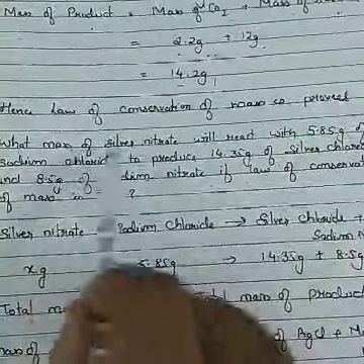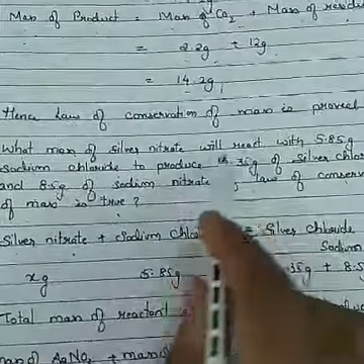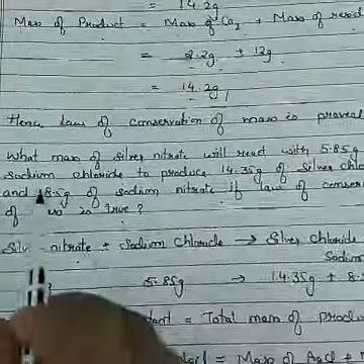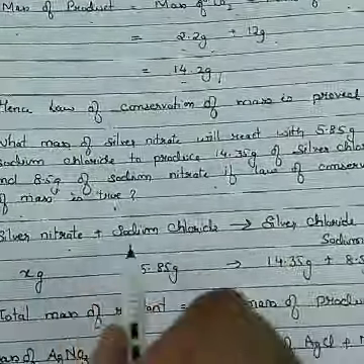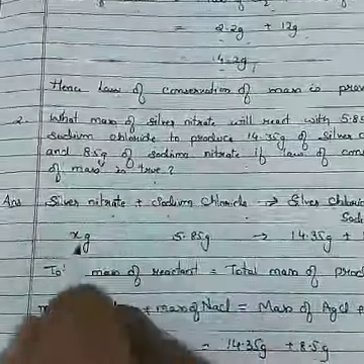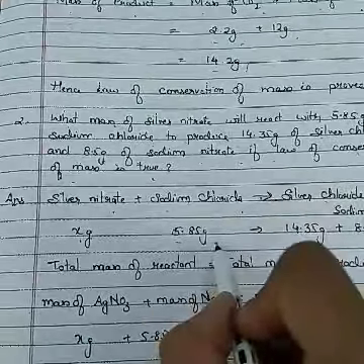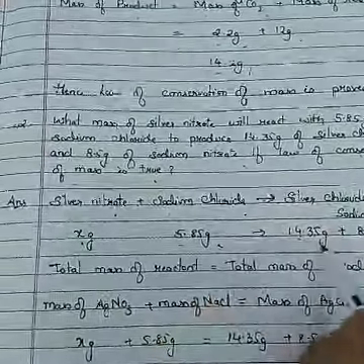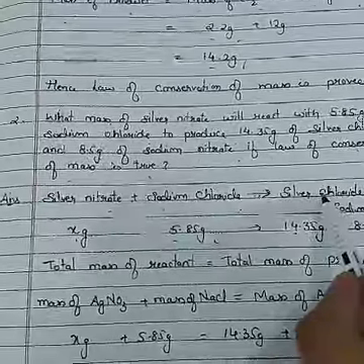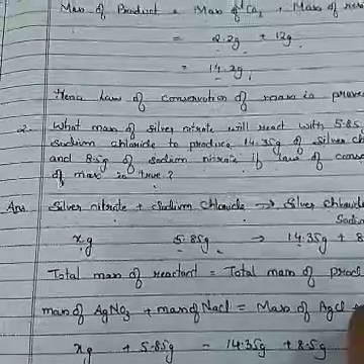Silver nitrate will react, means plus, with sodium chloride, to produce, means arrow, silver chloride and sodium nitrate. What mass means X. Then 5.85 of sodium chloride, 14.35 grams of silver chloride and 8.5 grams of sodium nitrate.